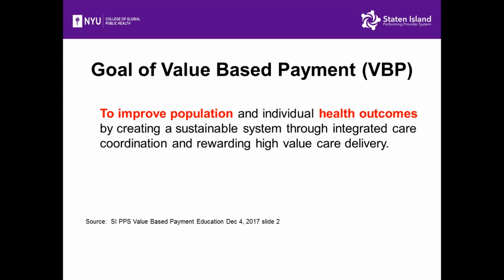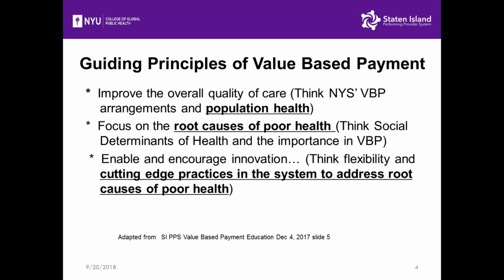Here we see the goal of value-based payment includes improving population as well as individual health outcomes. And it aims to do that through care coordination and excellent care. And as we will discuss later, there may be additional strategies that would be helpful as well.